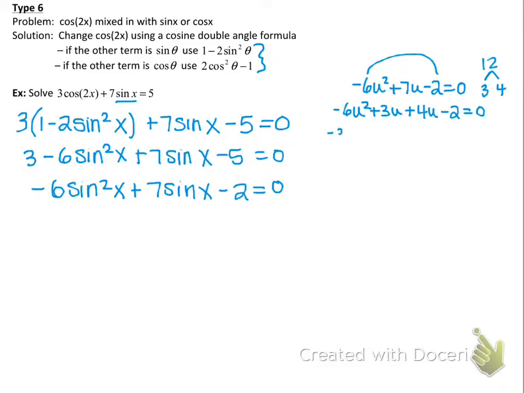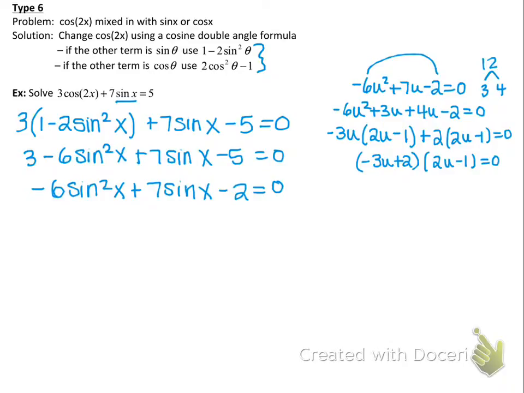I can factor out a negative 3u. I'm left with 2u minus 1. Sorry, I forgot that negative. And then I can factor out a 2, and I'm left with 2u minus 1. So my two factors are negative 3u plus 2 and 2u minus 1.